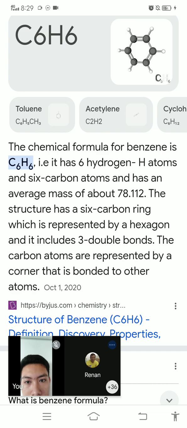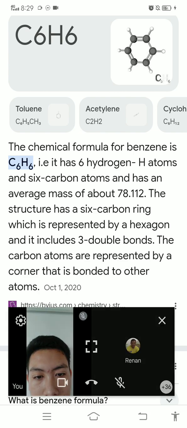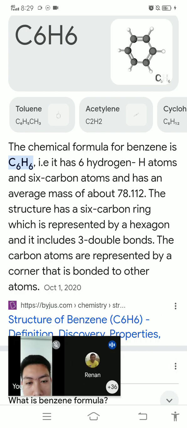If you only form a hexagon without any additional drawings added to it, that is not benzene. That is just a C6, that is just a hexane, or cyclohexane, since it closes. So the hexagon drawn without any additional thing there is a cyclohexane.